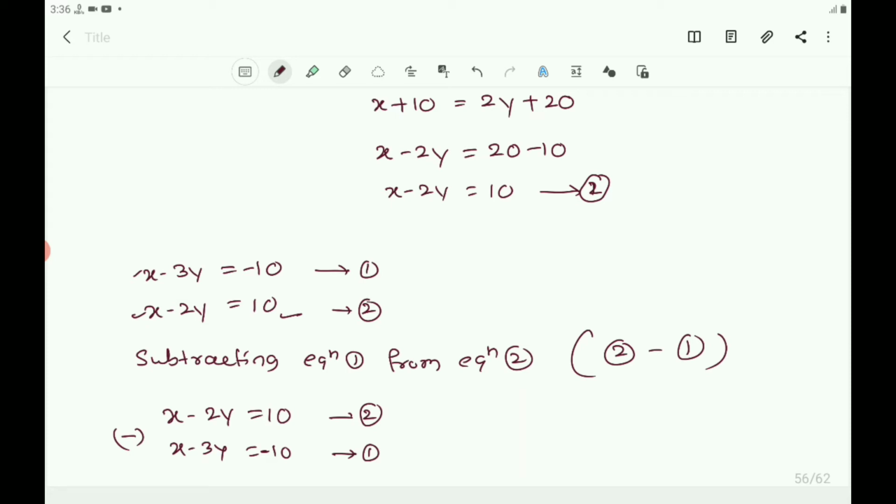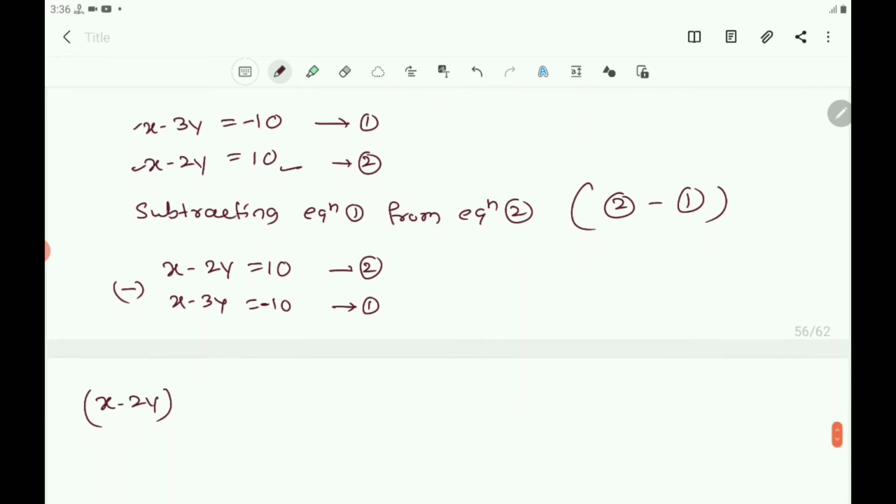So you take the second equation minus first equation, or first equation minus second equation. Here we have taken second equation minus first equation. So we have taken x minus 2y is equals to 10 minus x minus 3y is equals to minus 10. So it becomes x minus 2y minus x minus 3y is equals to 10 minus of 10.